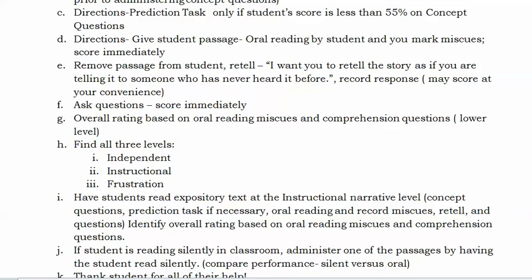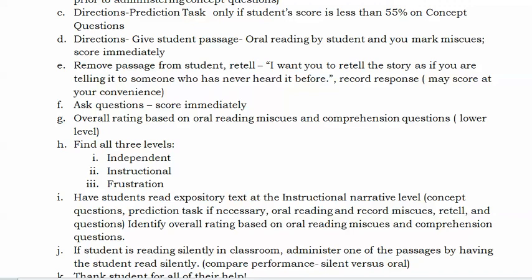Then you're going to ask them the comprehension questions at the end of the passage, which needs to be scored immediately. We're now looking for an overall rating. The overall rating in their performance on that passage is based on their oral reading miscues and the comprehension questions. The lower level is the one that trumps.